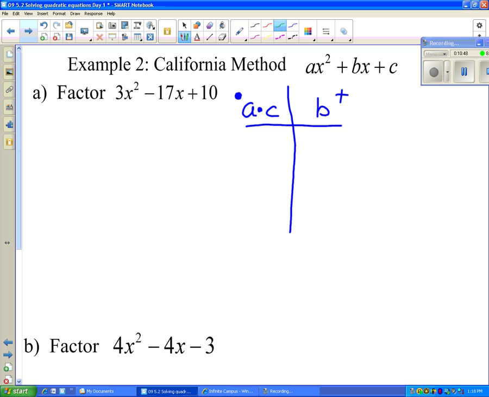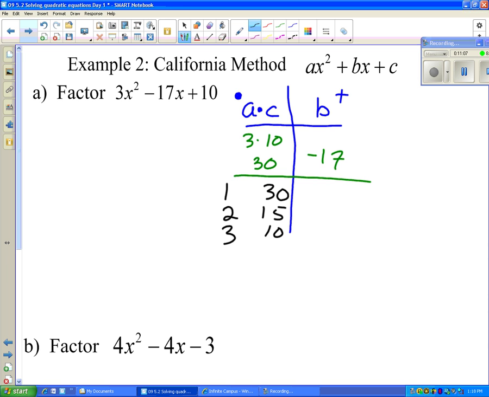So here, A and C multiply to be 30. So what multiplies to be 30 and adds to be negative 17? Well, what multiplies to be 30 is 1 and 30, 2 and 15, 3 times 10, 4 does not go into 30 evenly, 5 times 6, and then I have a repetition because 6 and 5 gives me a repetition. Those are all my factors.